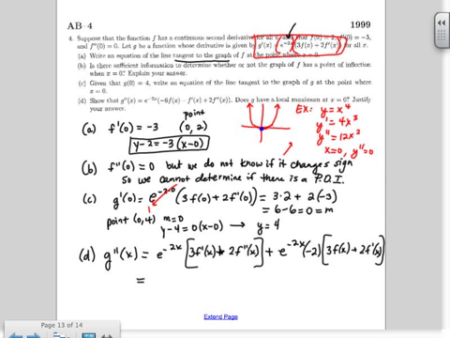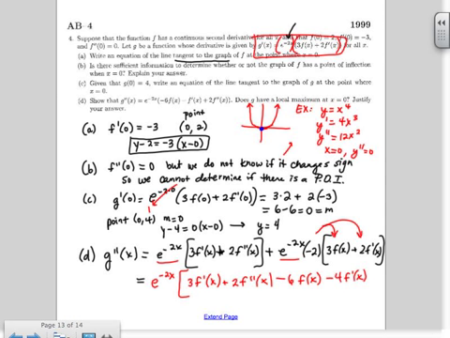Simplify. The nice thing about these problems with e is you can always pull out what they have in common, so e to the negative 2x. And I combine my like terms, so I get 3f prime of x plus 2f double prime of x minus, I need to distribute my negative 2, so minus 6f of x minus 4f prime of x. So like I said, combine your like terms. So I get e to the negative 2x.